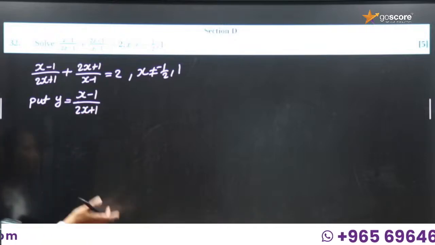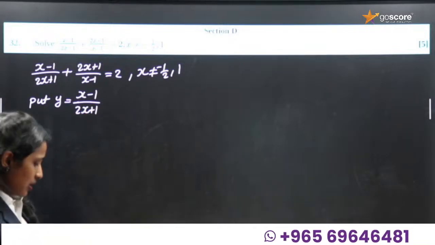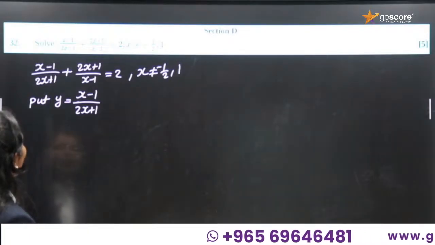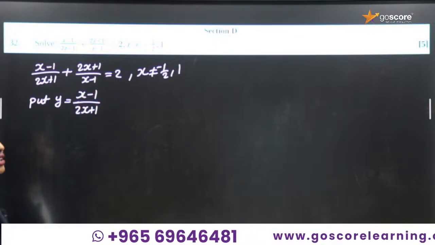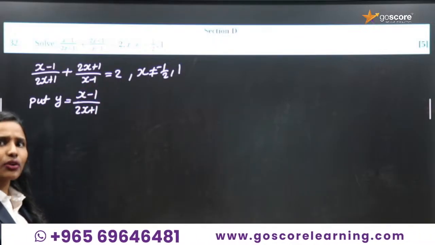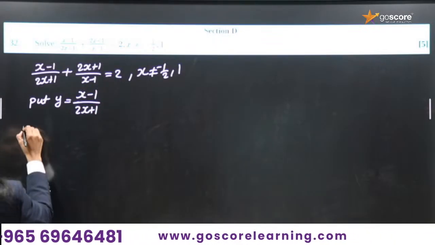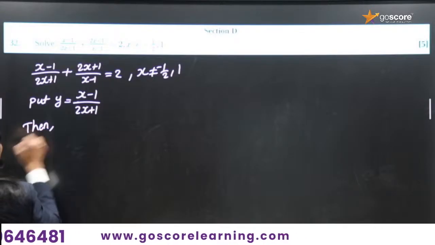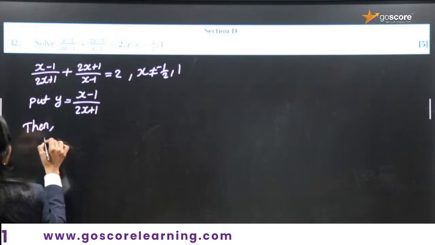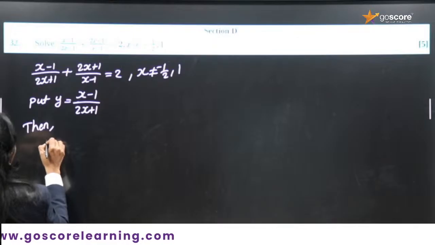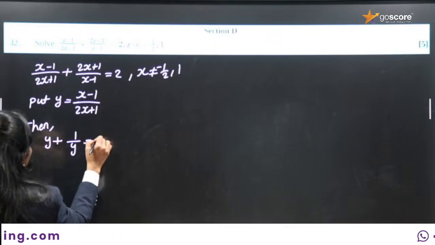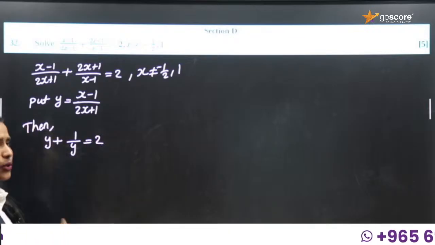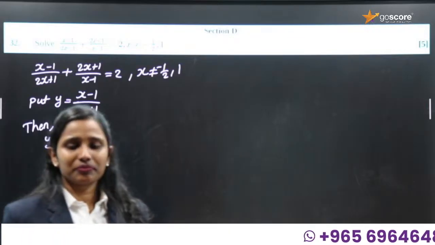You can do the other method also. Now, if y is (x minus 1) by (2x plus 1), then the second one will be 1 by y, the reciprocal. Then the equation will become y plus 1 by y equal to 2, a much smaller and simpler equation, right?